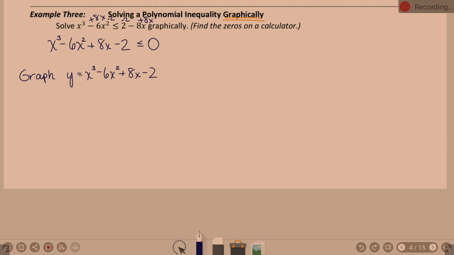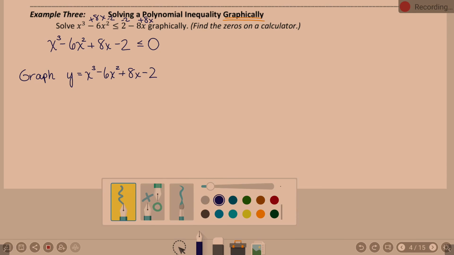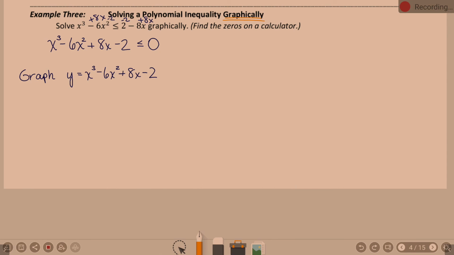What are we going to be looking for on the graph? We're going to have to look for our zeros. And as I said, they're not nice neat whole numbers, which means it doesn't factor nicely. And then less than or equal to 0. What's that tell me? Where is the negative? We're going to be looking for where the graph is negative.